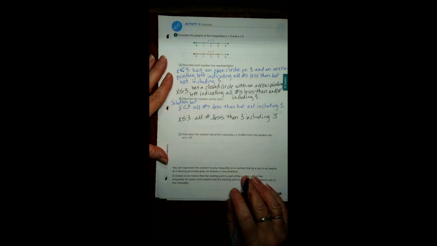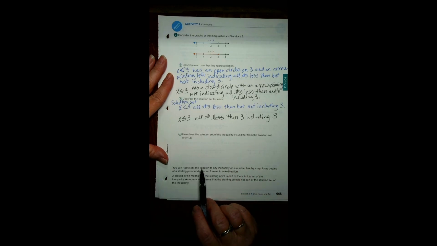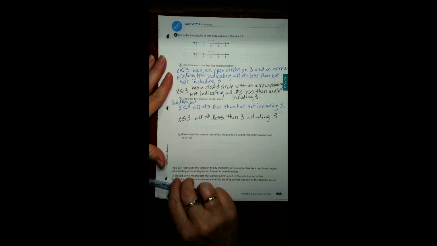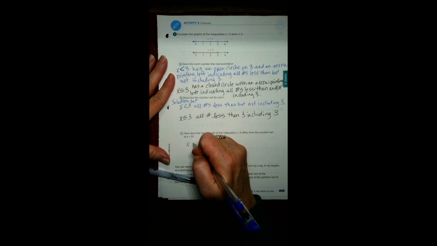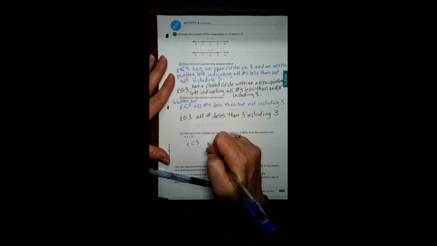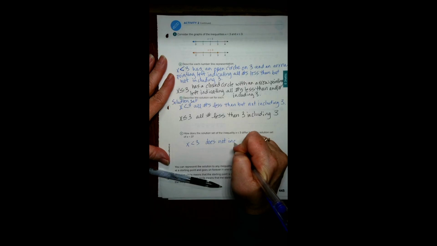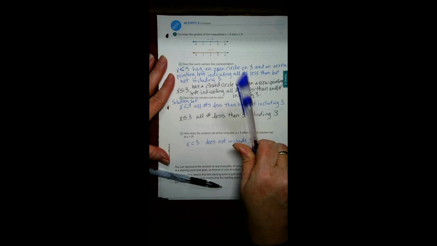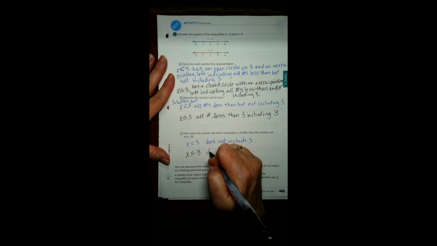How does the solution set of the inequality x is less than or equal to 3 differ from the one x is less than 3? X less than 3 does not include 3. X is less than or equal to 3 does include 3.